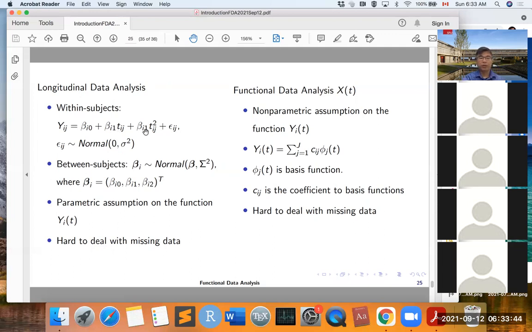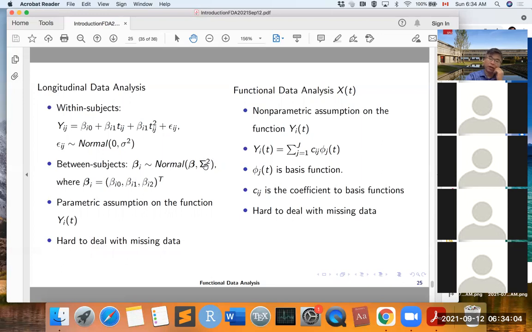Sorry, this should be beta i2. We look at the between-subject variations, and we assume that the coefficient beta i follows a normal distribution with mean beta and variance sigma.